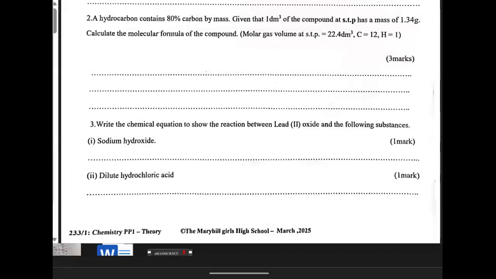Then plus water. Then to balance that equation, you put a 2 in front of sodium hydroxide.